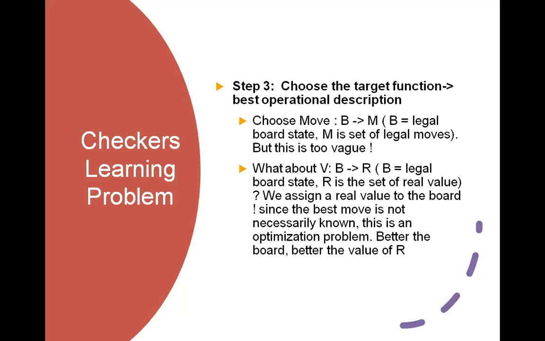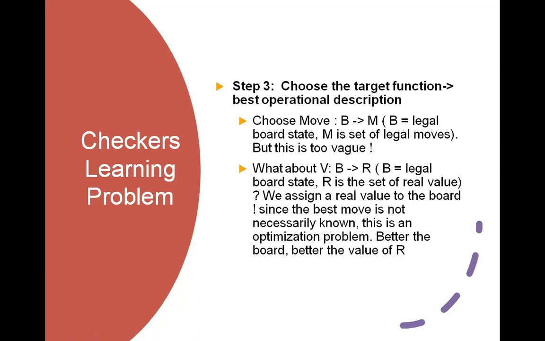So in this checkers game problem, the target function is nothing but ChooseMove. What move you have to choose? ChooseMove: B to M. Here, capital B indicates the set of board states. Capital means lots of boards.